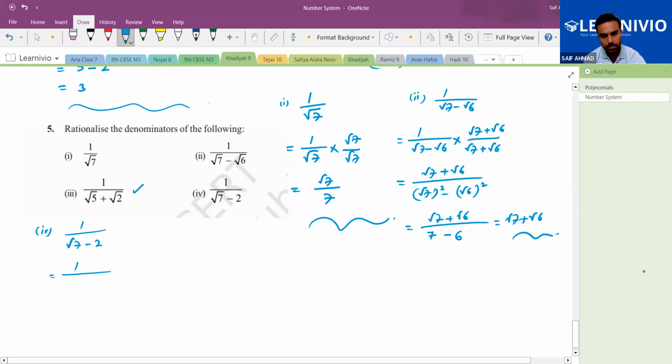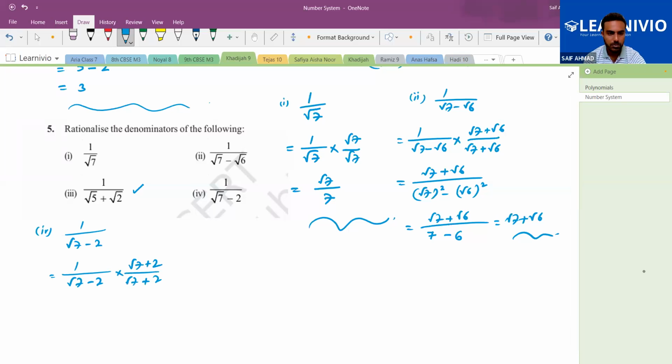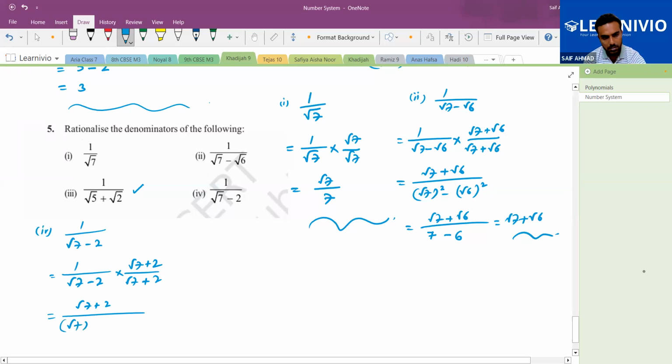You have to multiply with the opposite sign, which is root 7 plus 2, and root 7 plus 2, both in the numerator and the denominator. So it will become root 7 plus 2 upon, it is a minus b, a plus b, so a square minus b square.